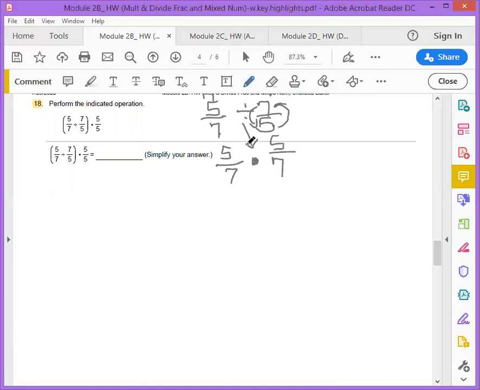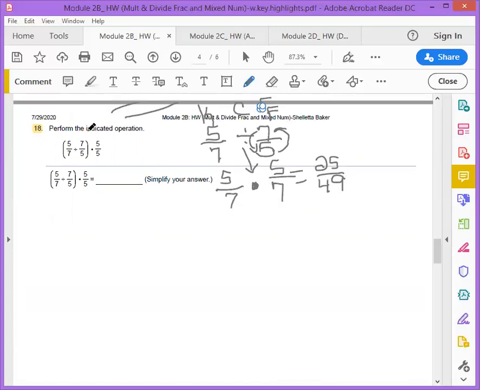So let's just multiply now. 5 times 5 becomes 25, and the denominator, 7 times 7, becomes 49. All right, that's the first part of our problem. But remember the second part. Look, the second part, we're multiplying times 5 over 5. Now what is 5 over 5? 5 over 5 is just 1. 5 divided by 5 is 1.